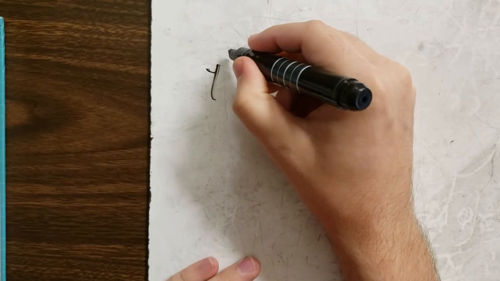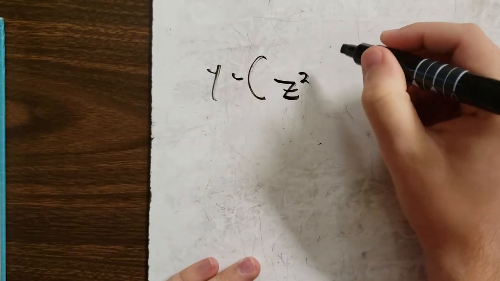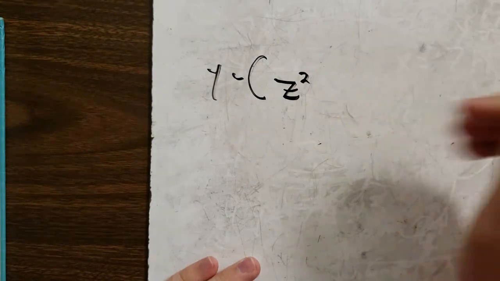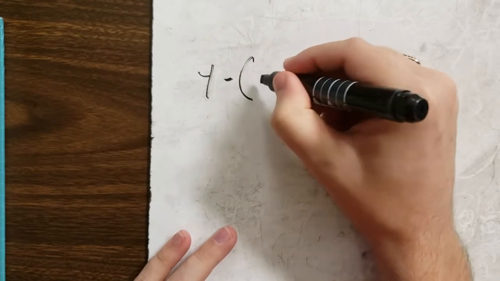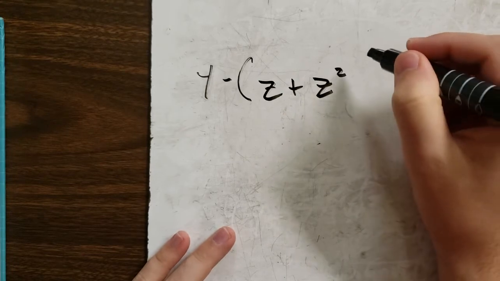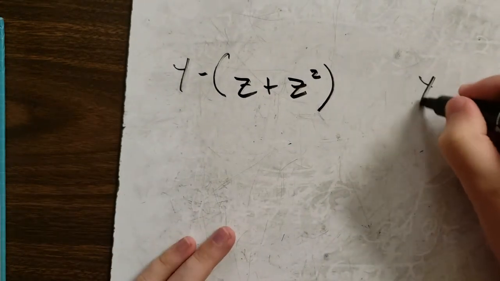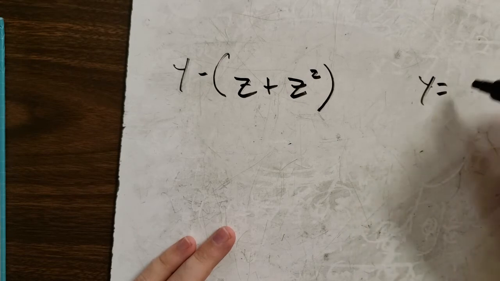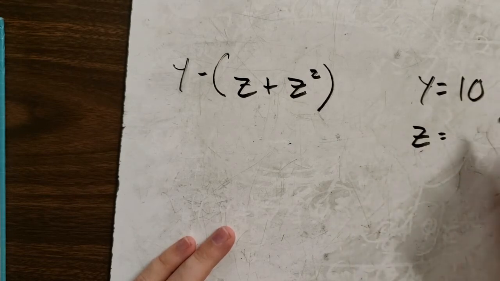y minus z squared. Let's try that again. y minus parentheses z plus z squared, close parentheses, when our y equals 10 and our z equals 2.